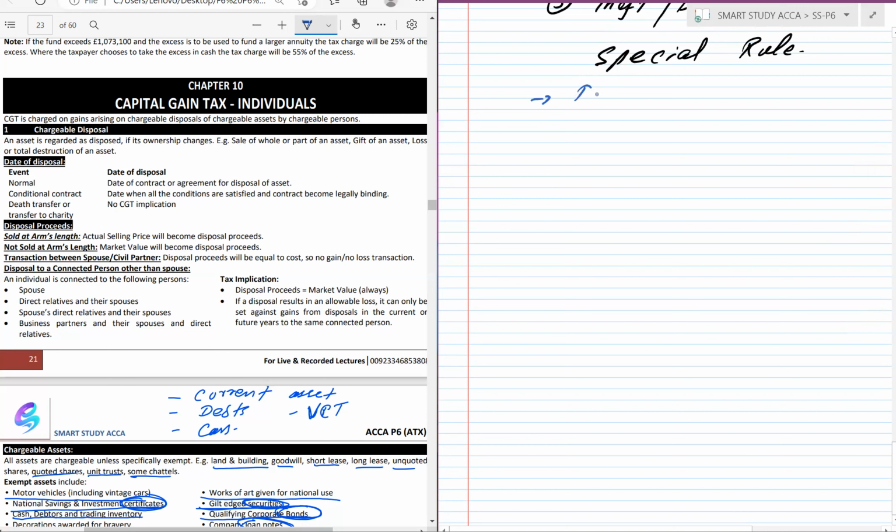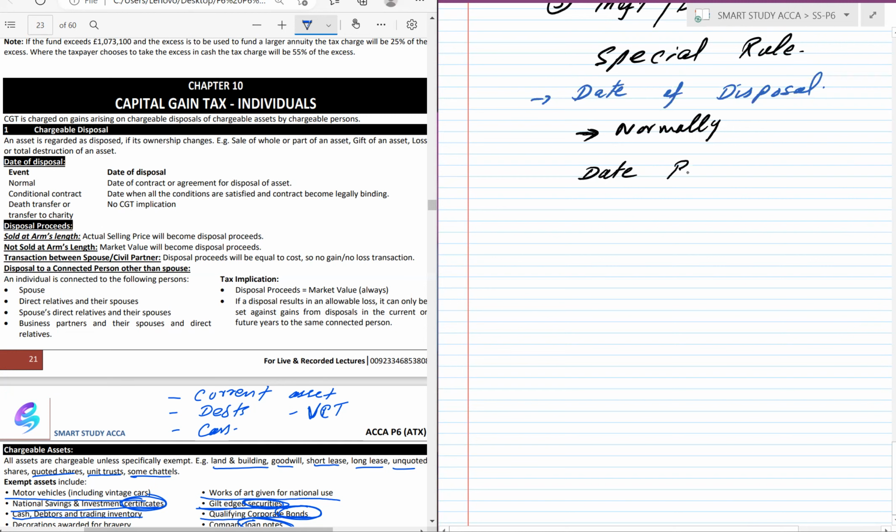Next one is date of disposal. Students, normally the date when asset has transferred is date of disposal.